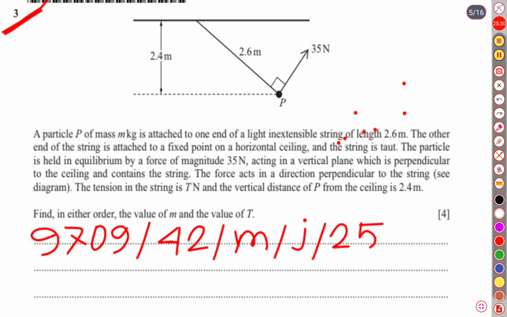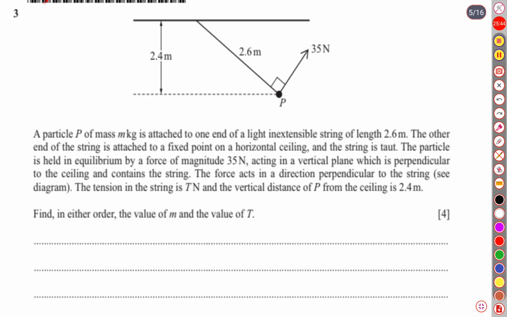Whenever we resolve the forces, first of all we complete the diagram in terms of triangles. So let us do so. If we complete the diagram, these are the directions. This is the x-axis, and here is a triangle and another triangle is this one.